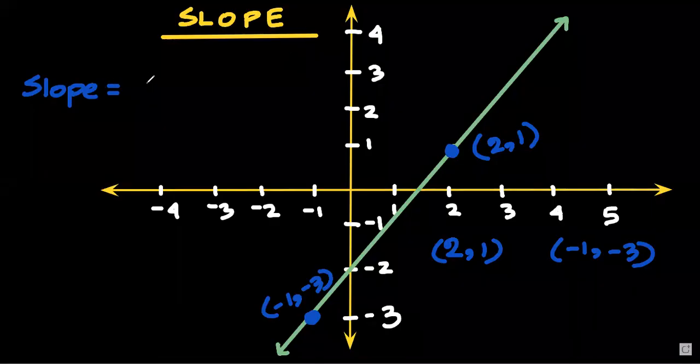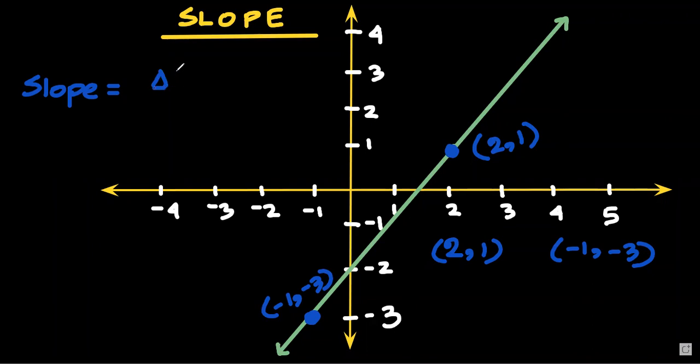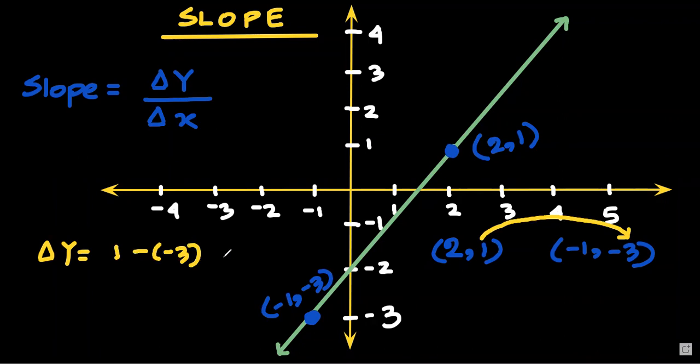And we know the slope means change in y over change in x. So what is the change in y you can find out from these 2 points? Change in y means 1 minus this of -3. So 1 minus of -3, which is 1 plus 3, which is 4.